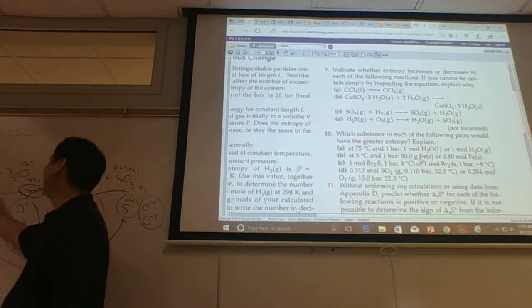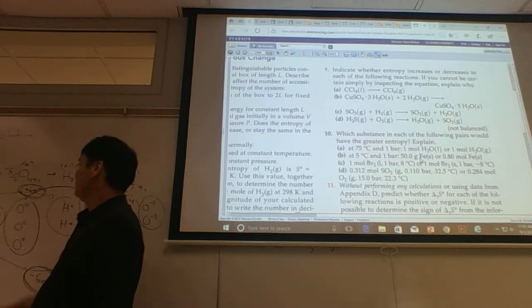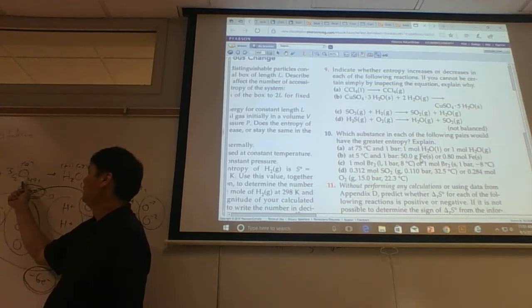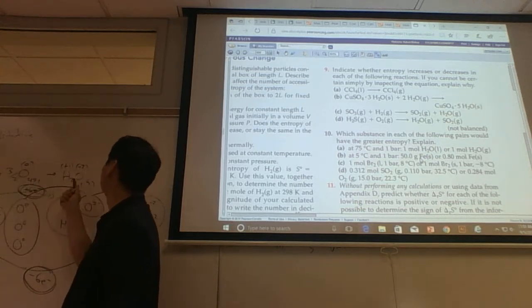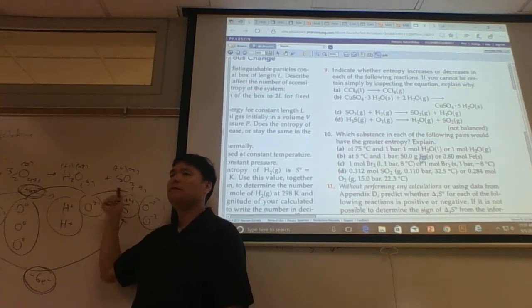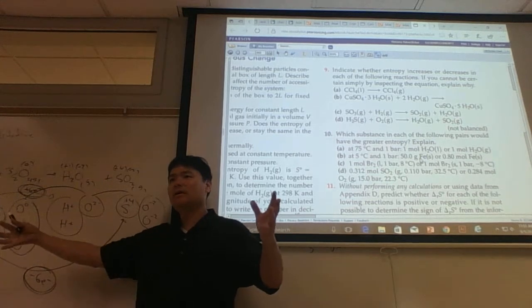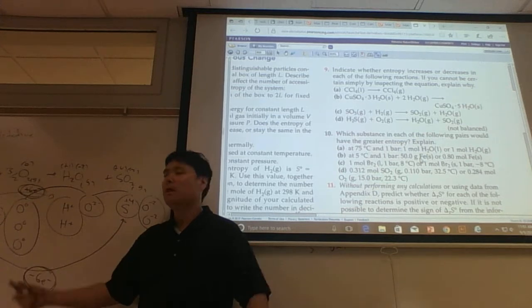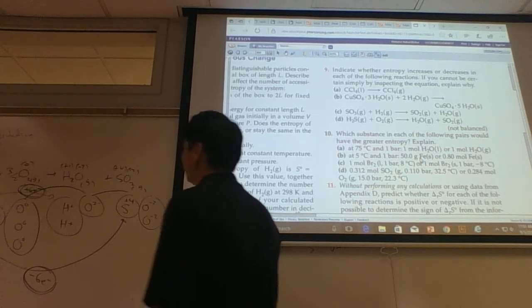So this is about 25 liters. This is going to be about 62, 63 liters, going to 50 liters. 63 liters of gas is going to have a higher entropy. And so the entropy is going down.